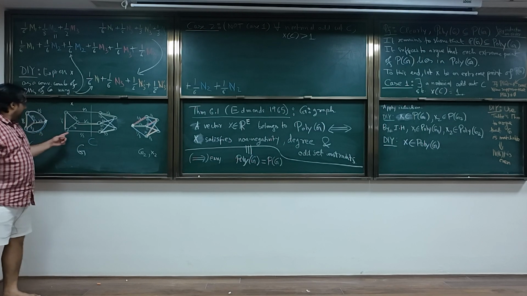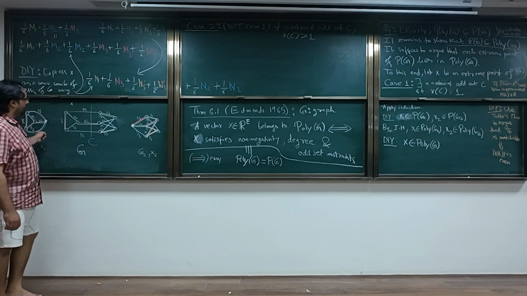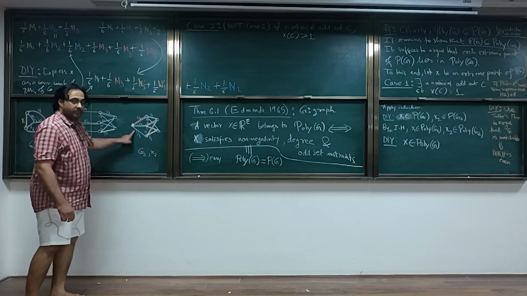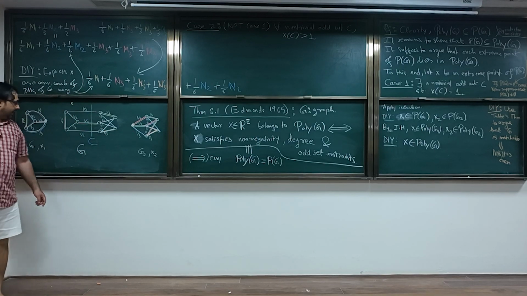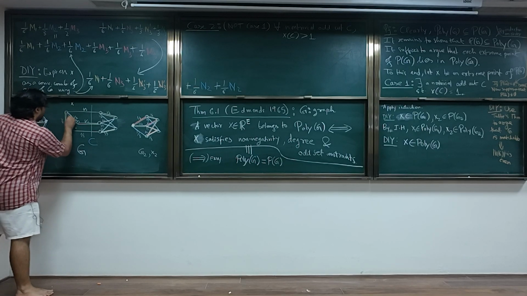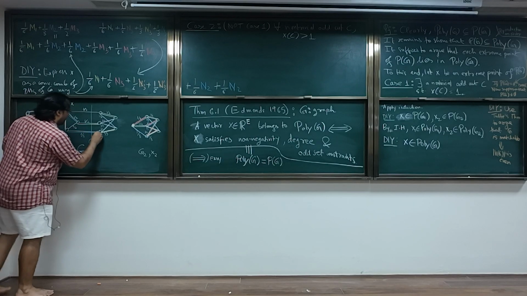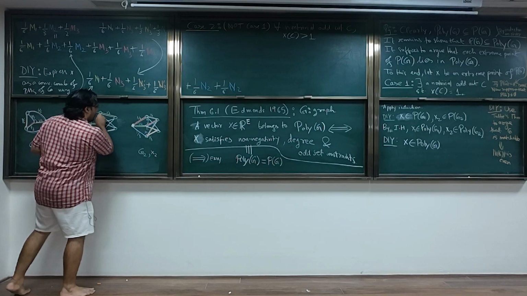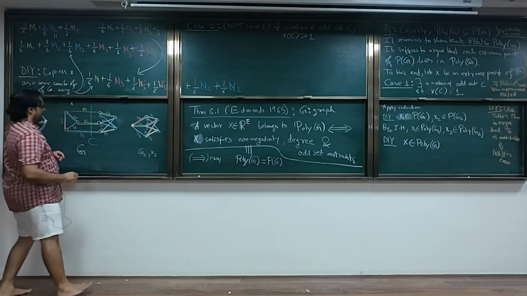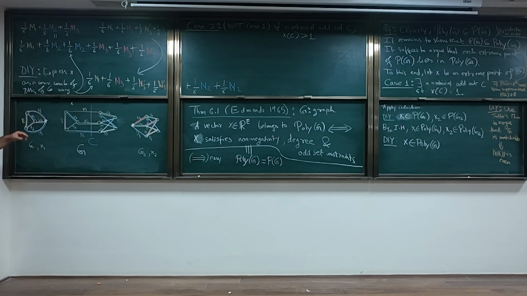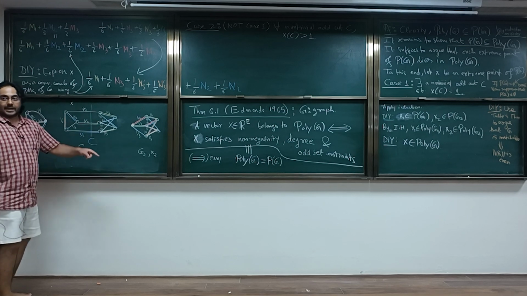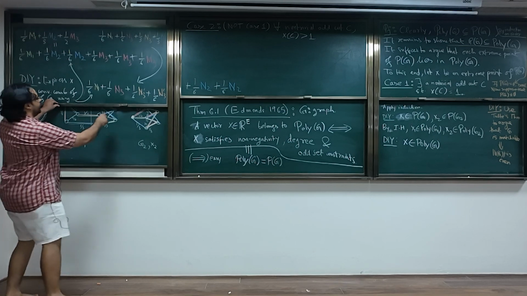Now let's look at maybe this 1/3 fellow. 1/3 is used in the blue one and here also in the blue one. So we'll take 1/3 times the blue perfect matching. I'll take it twice. 1/6 times the blue plus 1/6 times the blue. That is one way to see this, right?